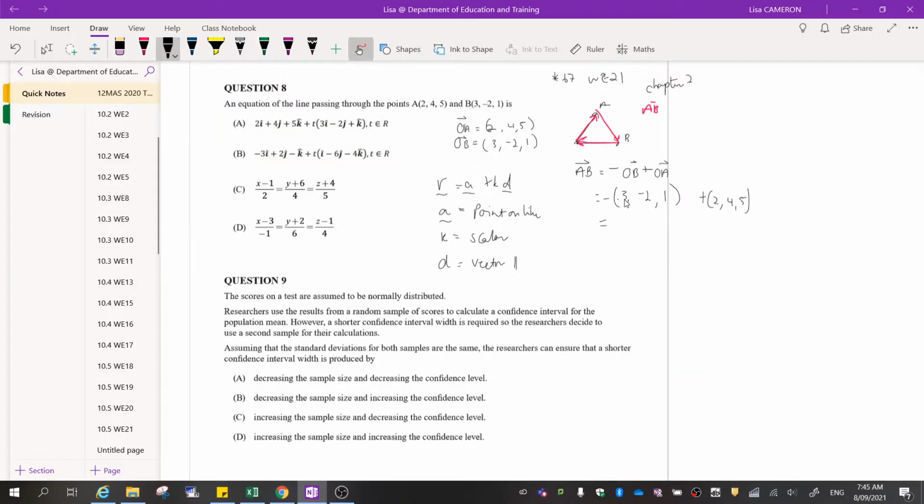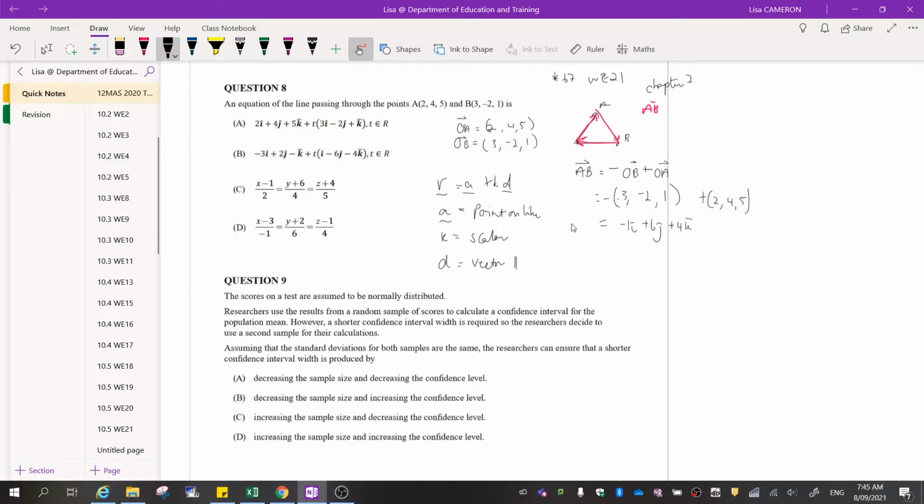That gives -3 plus 2, which is -1i. Negative and negative make a positive, so plus 6j, and -1 plus 5 is plus 4k.